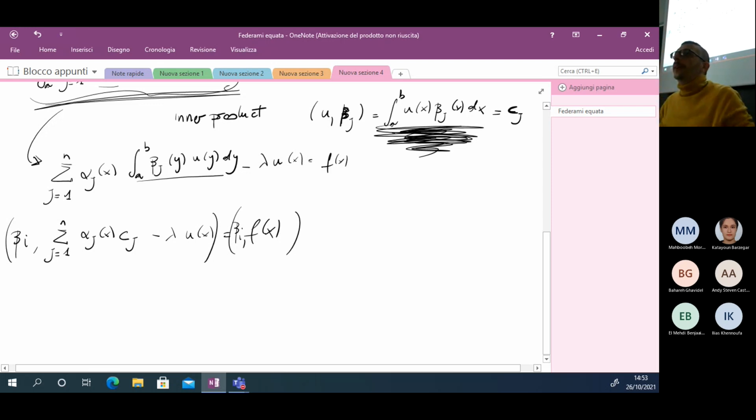It's like when I'm taking the derivative on the left and on the right, or the integral on the left and on the right. Here, what I'm doing is the inner product with beta i on the left and on the right.